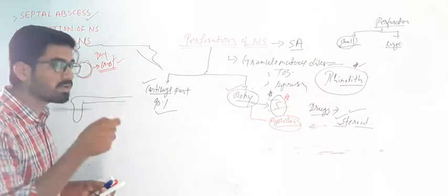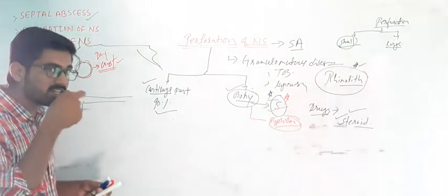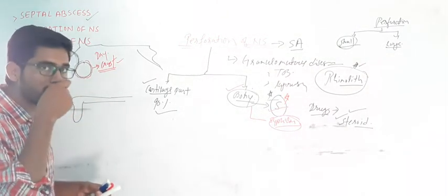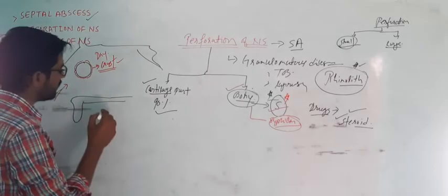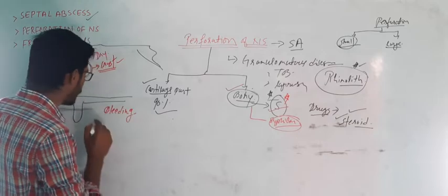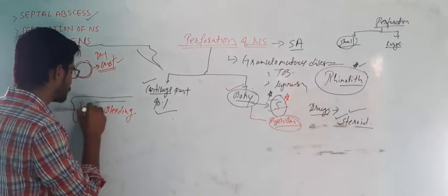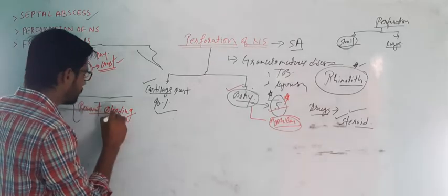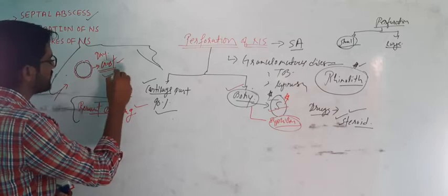Why? Because the patient is removing part of the cartilage, or you can say the mucous lining, and there is a blood supply, so bleeding occurs. So recurrent bleeding, the patient presents with recurrent bleeding in this case.